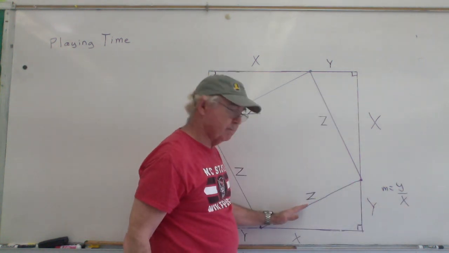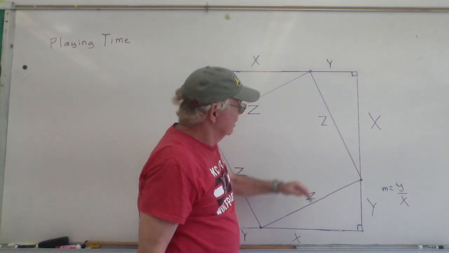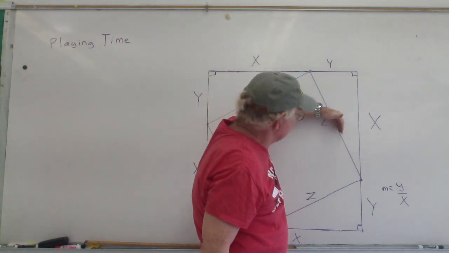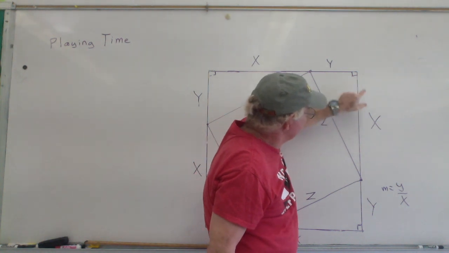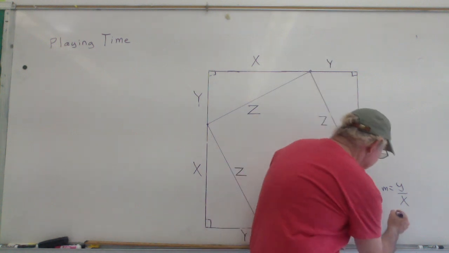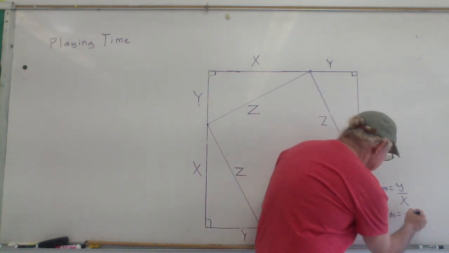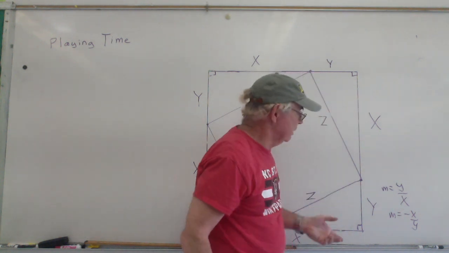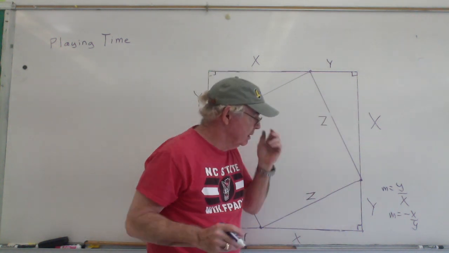That's this line. So let's take the slope of this line. Well, the slope of this line would be your rise over your run, but that would be negative X over Y. Negative X over Y.